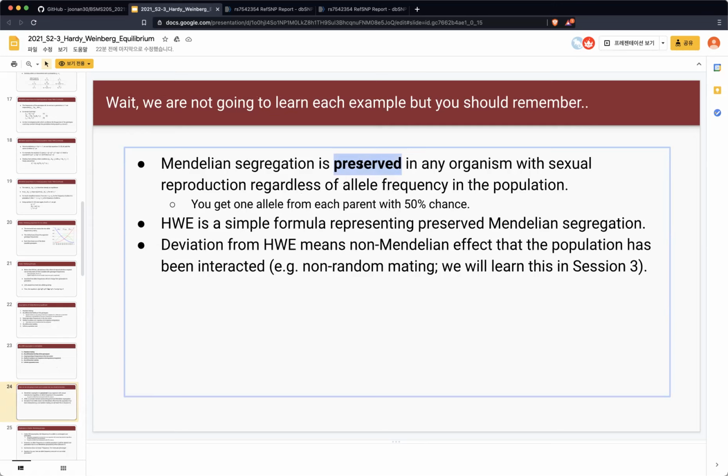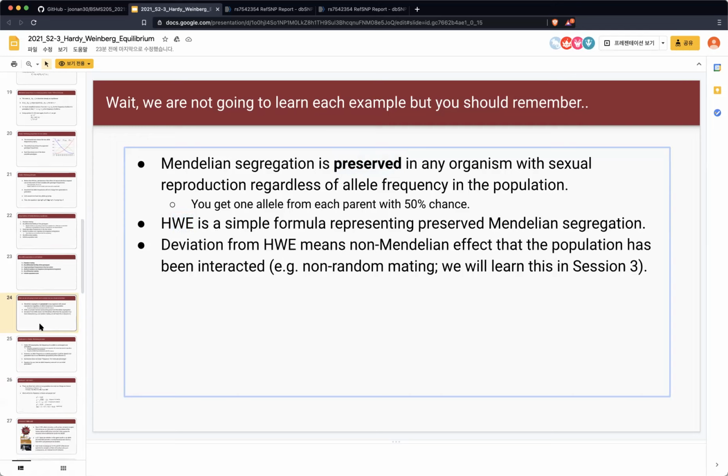Any organism with sexual reproduction always has the Mendelian segregation pattern. Under this situation, the Hardy-Weinberg principle is a simple formula representing Mendelian segregation. Calculating the deviation from Hardy-Weinberg equilibrium is the way we look at the population structure. We're going to discuss this in session 3.